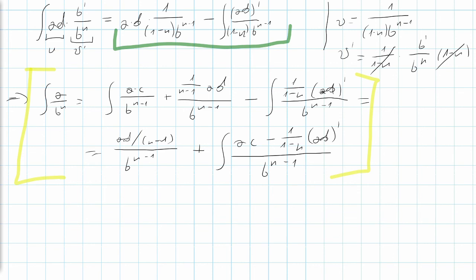And again we will repeat this procedure till n drops to 1, and then we will have an integral where the denominator will be just a square-free polynomial without any exponent.